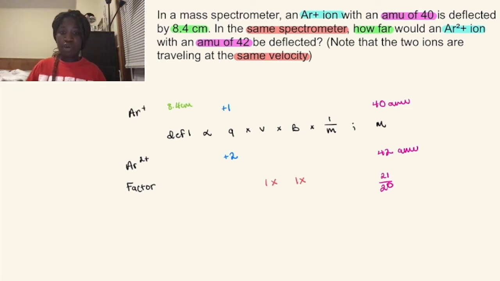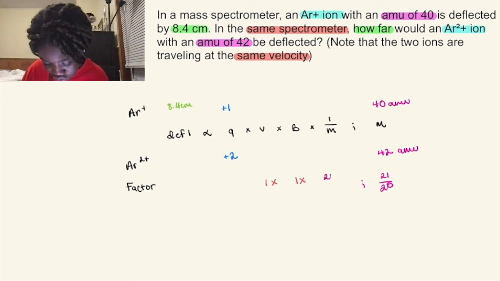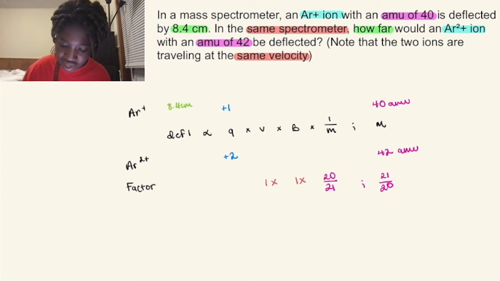But we're working with the inverse mass, so we're going to invert the factor, and it is actually 20 over 21. Now for our charge factor, we get that by dividing the charge of Ar2+ by Ar+, so the factor for this is 2.